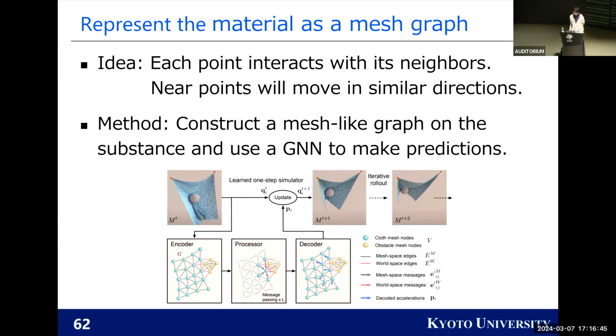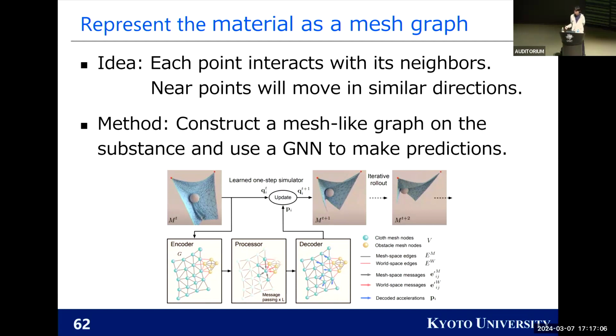And the bottom picture shows how this problem can be solved by GNNs. We first define the graph based on the current state. And we feed this graph to the graph network, and the GNN predicts the movement and the next state of each point. This is basically a node regression problem.